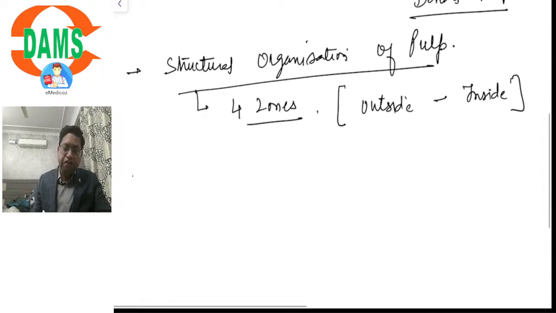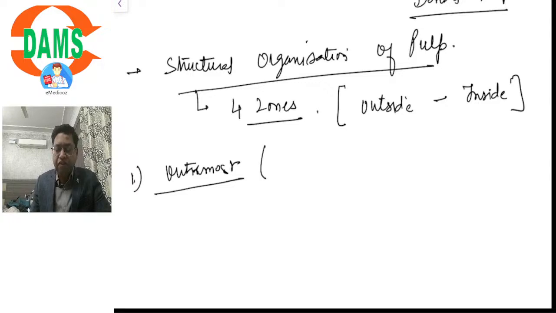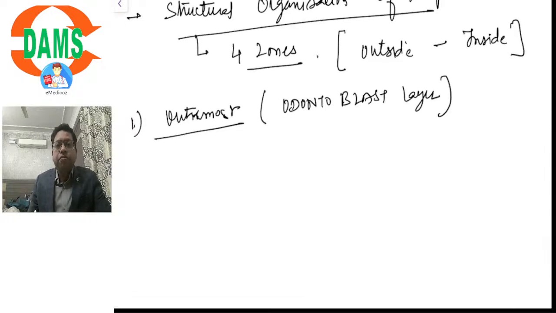The first zone, that is the outermost zone, is the odontoblast layer. The outermost zone of the dental pulp is the odontoblast layer.